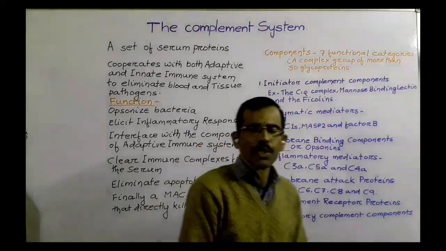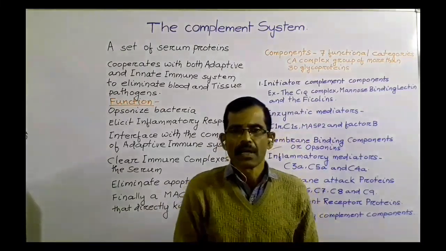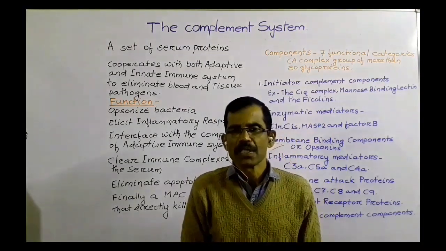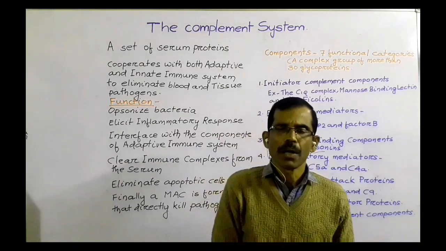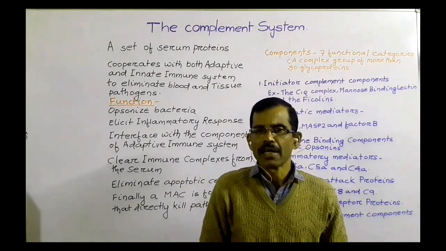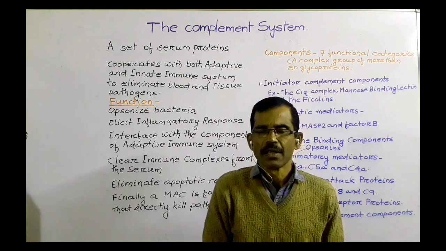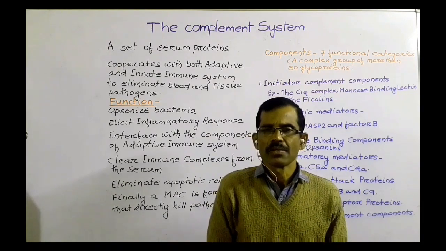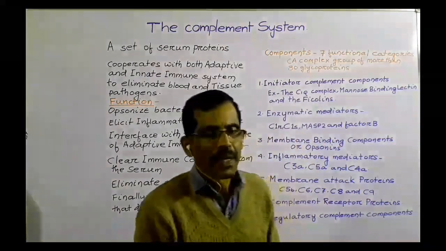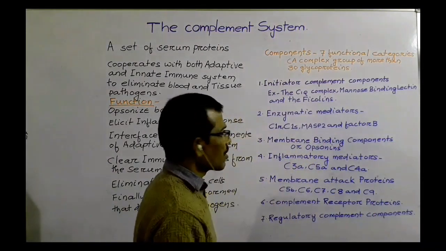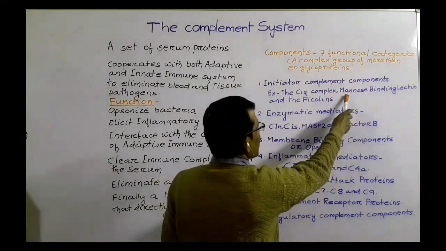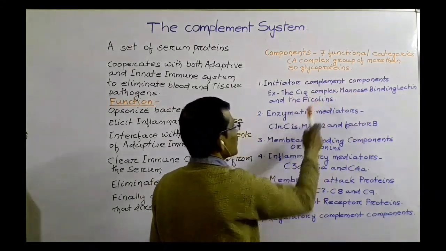These complement proteins initiate their respective complement cascades by binding with specific soluble and membrane-bound molecules. By binding with their activating ligand, these initiator components undergo a conformational change which also changes their biological activity. Examples of the initiator components are the C1q complex, mannose binding lectin, and the ficolins.